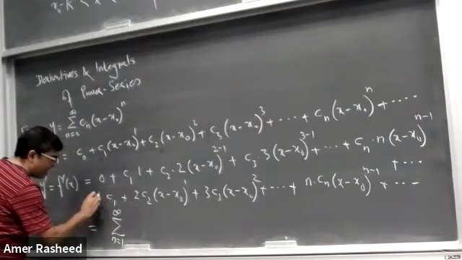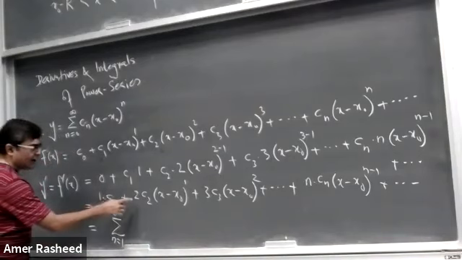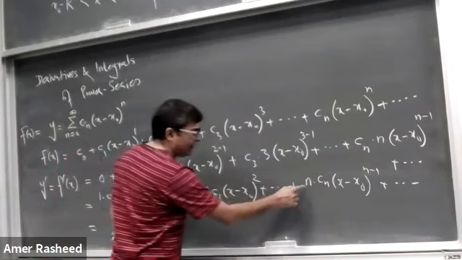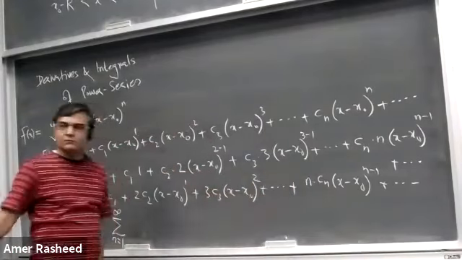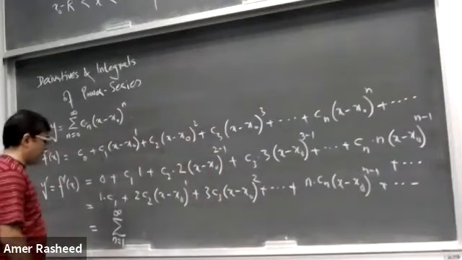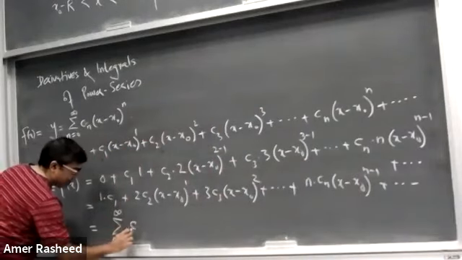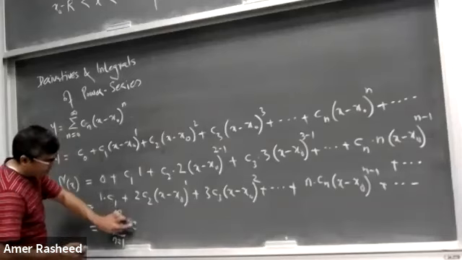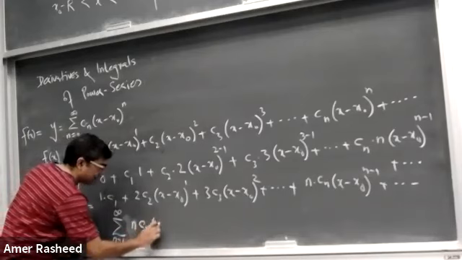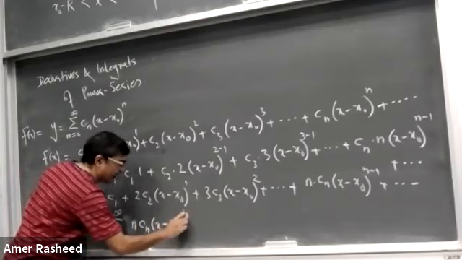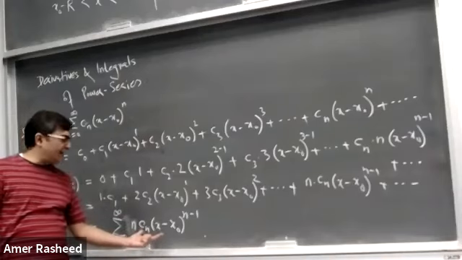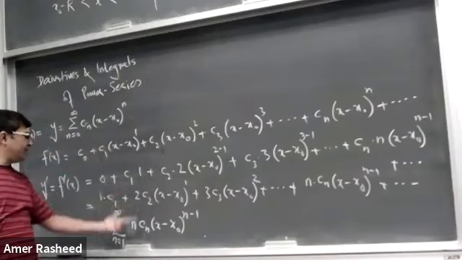Here, what do you have? 1 dot C1, 2 dot C2, 3 dot C3, and so on, n dot Cn. So this is basically the general term. If we try to write it here, Cn times (x minus x naught) whole raised to power n minus 1. So this will be the derivative of this power series.